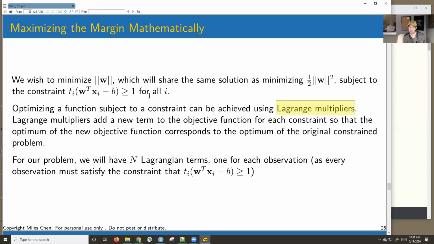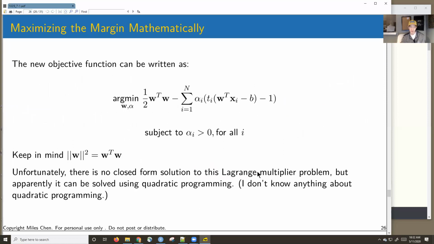We're going to have n of these Lagrangian terms, one for every single observation, because every single observation has to satisfy this constraint.